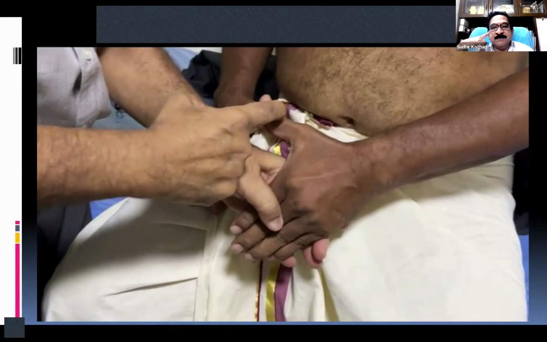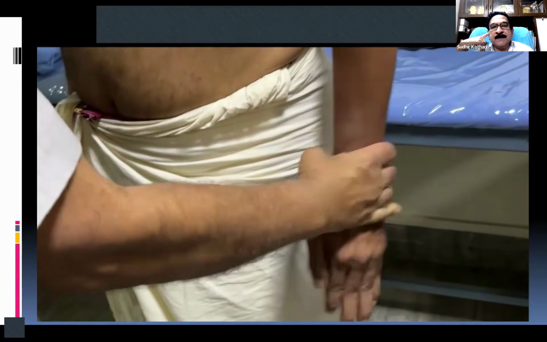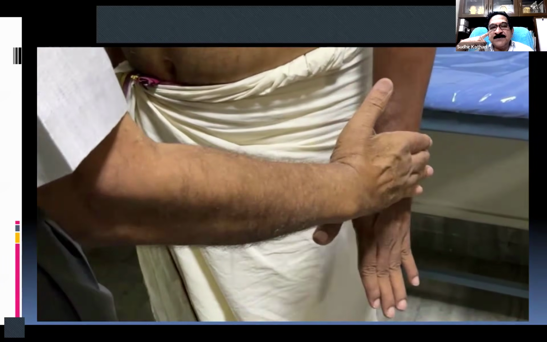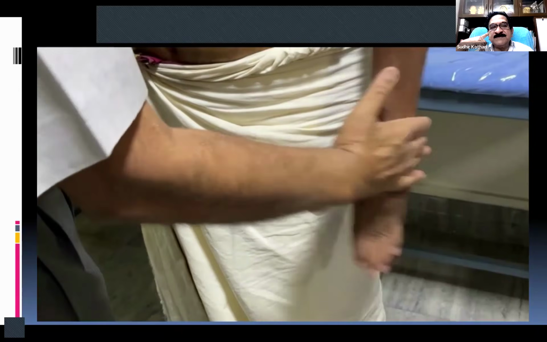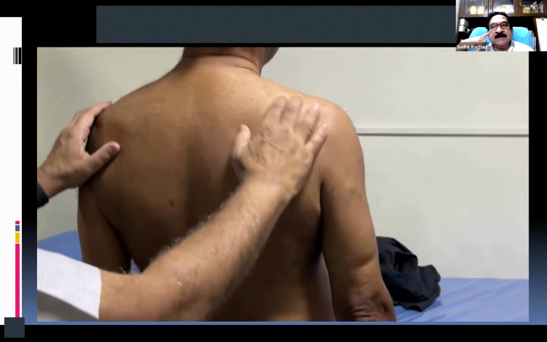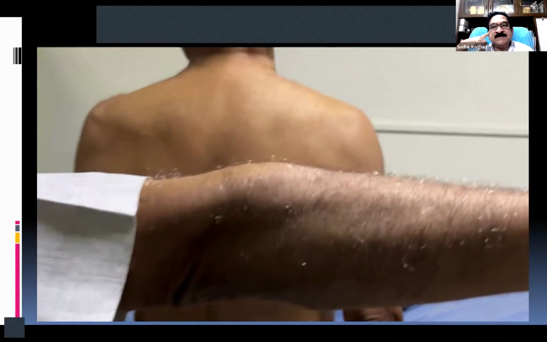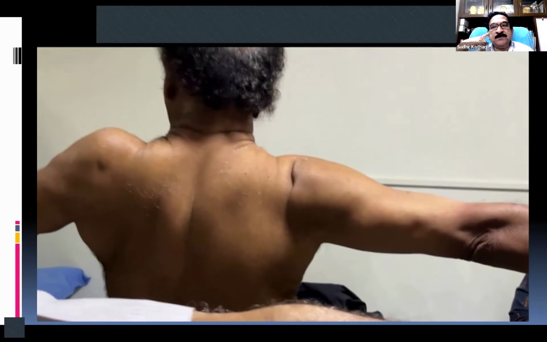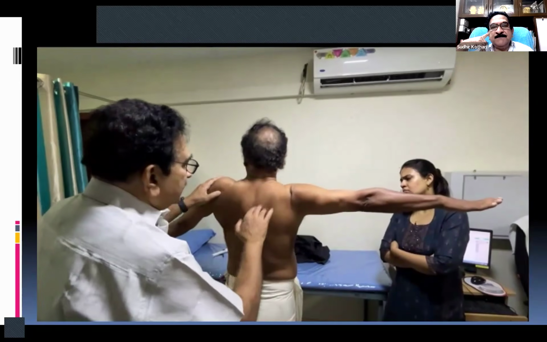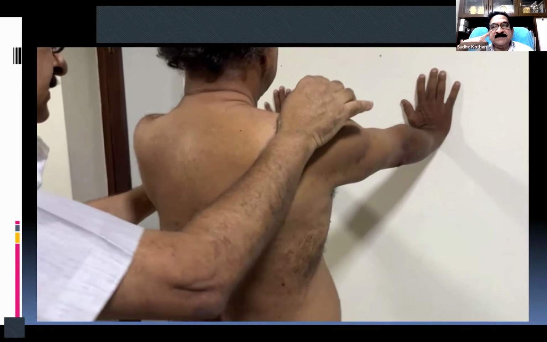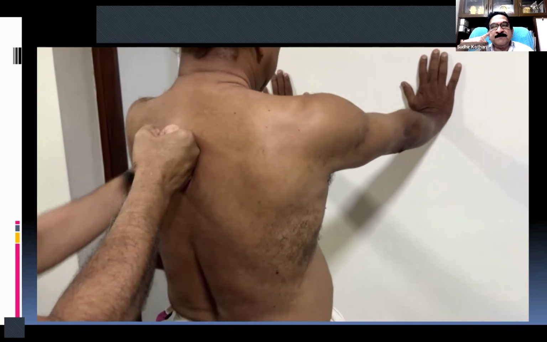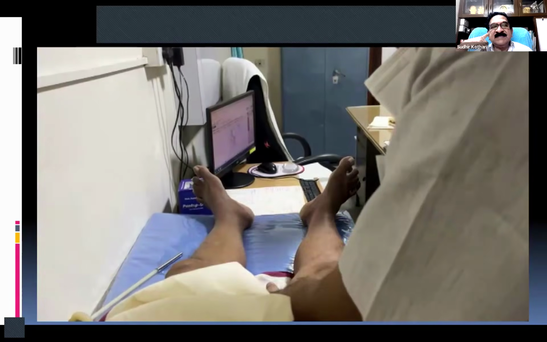Extensor pollicis normal bilaterally. The supraspinatus is also weak on the left side. Then the trapezius is normal. There is no winging of the scapula. Serratus anterior is normal.